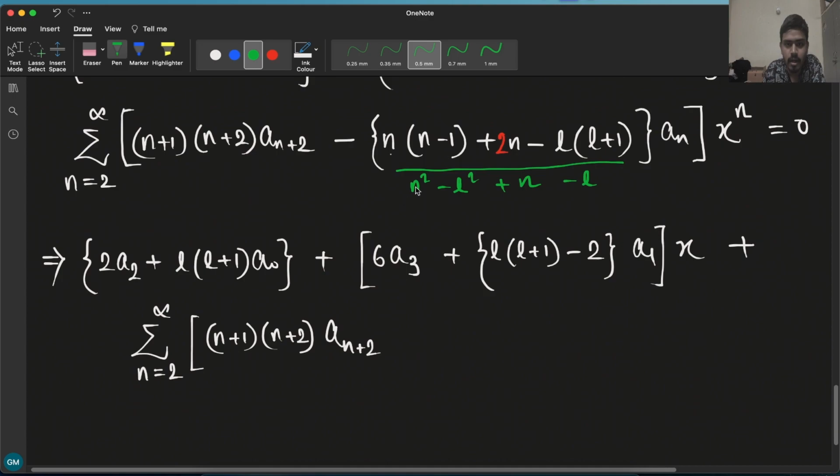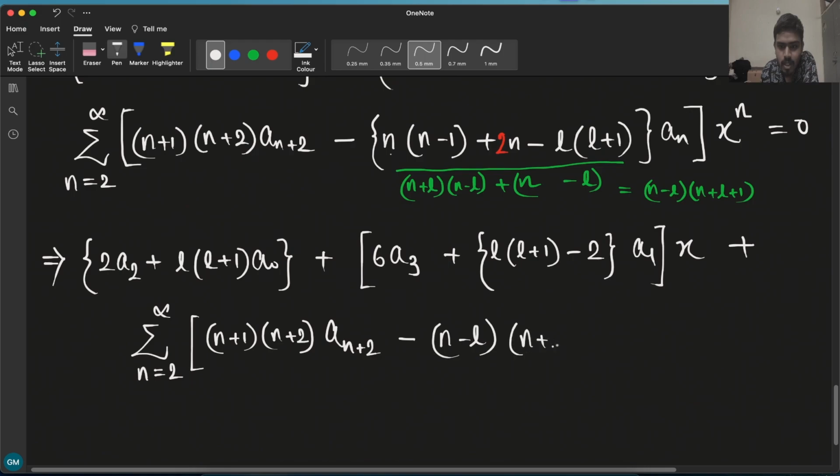I will write n square minus L square as n plus L times n minus L, and there is one n minus L here. So if I take n minus L common, this term is n minus L times n plus L plus 1. So I can write it as minus n minus L times n plus L plus 1 times a n x to the power n equals 0. Fine.